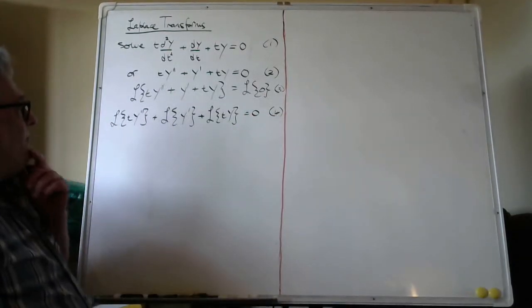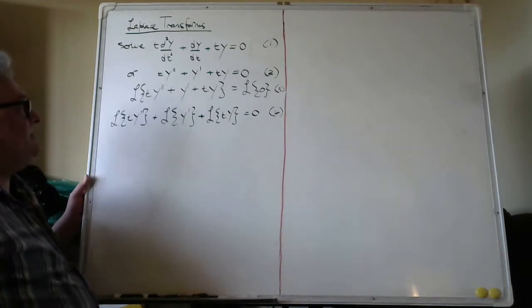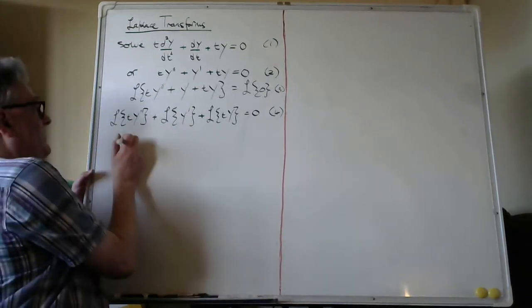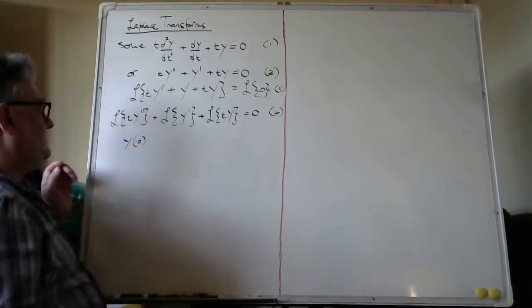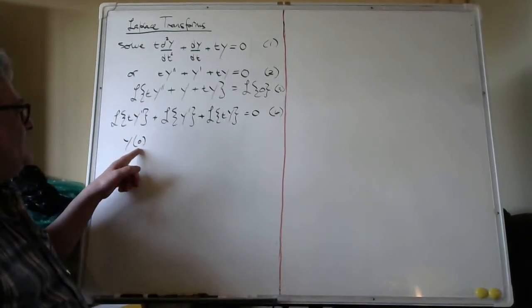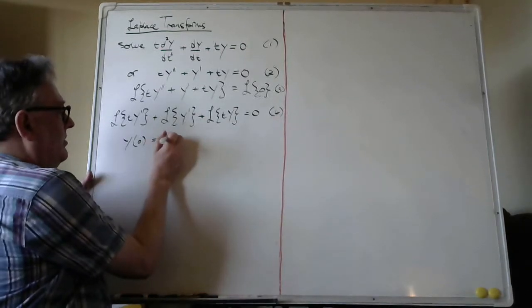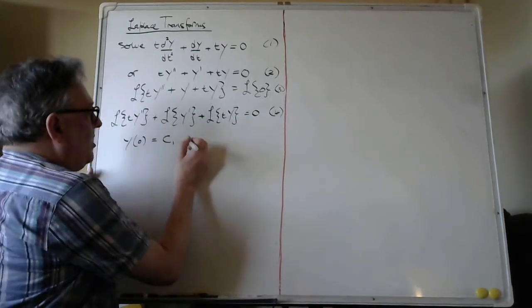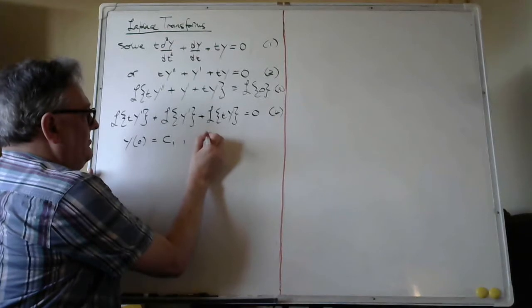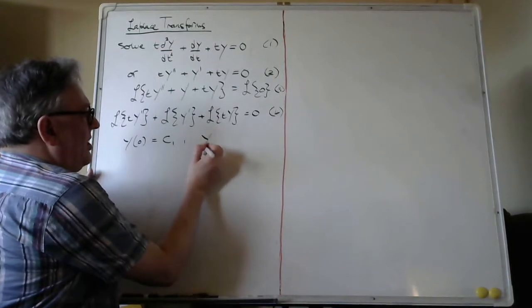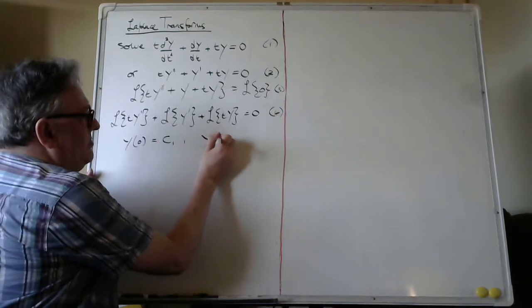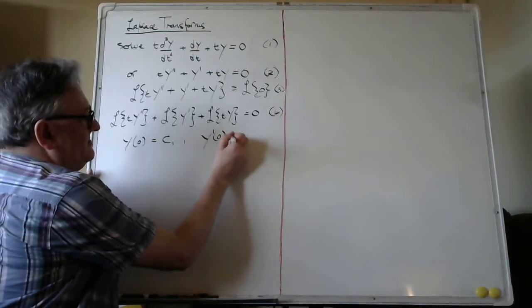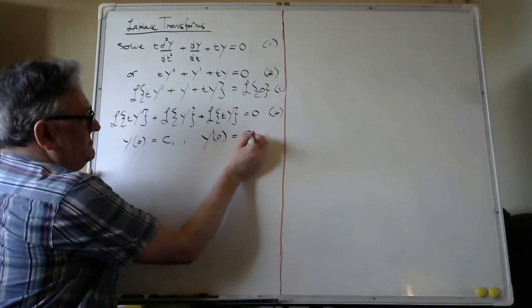Right, now before I go any further I should have specified initial conditions, because we need to know that capital Y of 0, that is the value of y when t is 0, is equal to a constant c1, and the derivative of y with respect to t when t is 0 is equal to a constant c2.